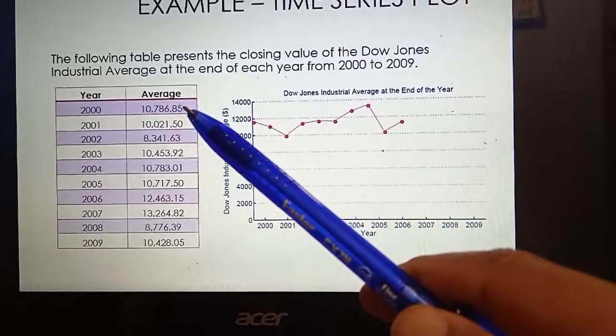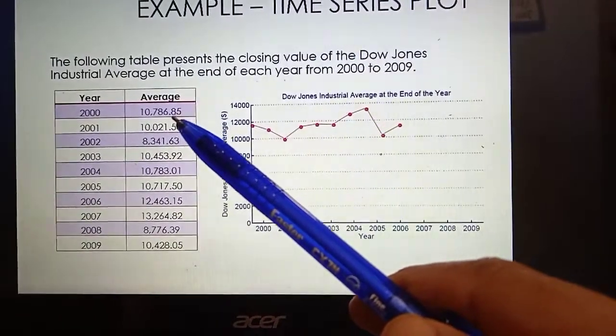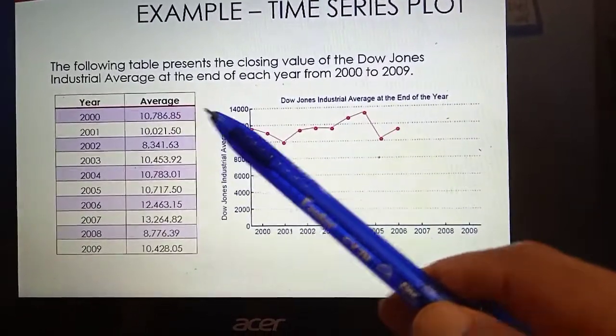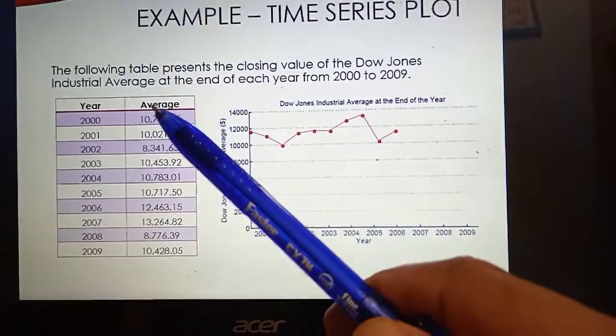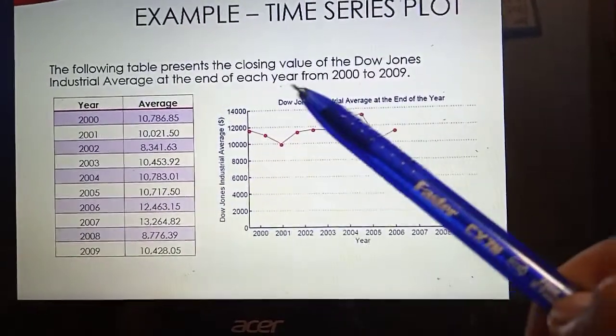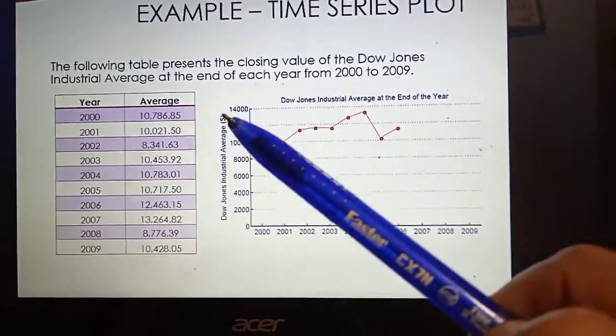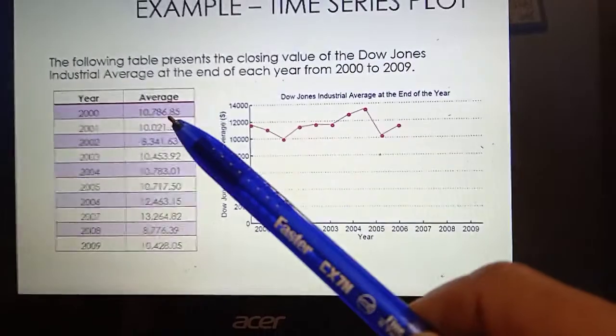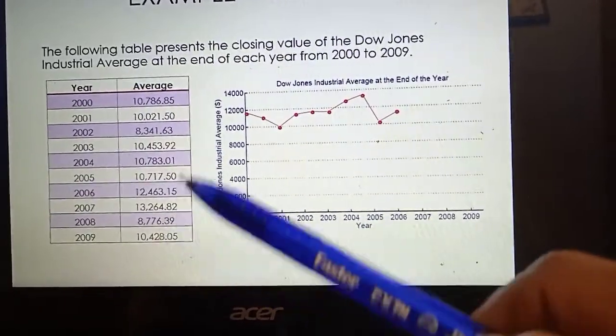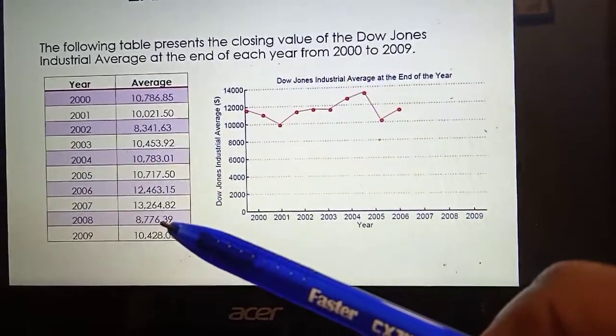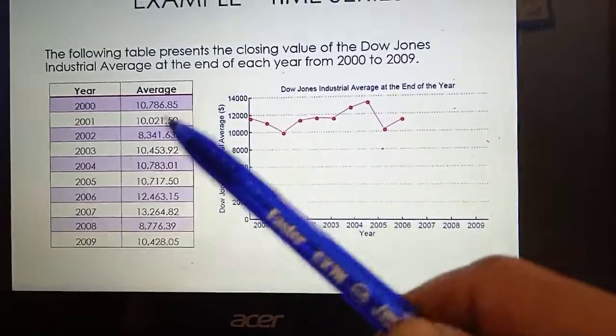The data collected are the Dow Jones Industrial Average closing values at the end of each year, given by these values. So this is in table form.